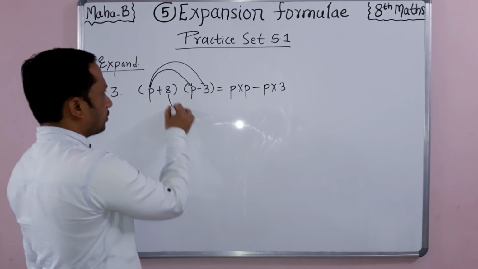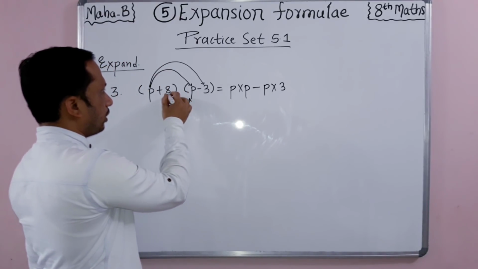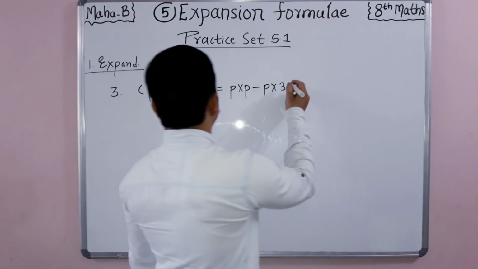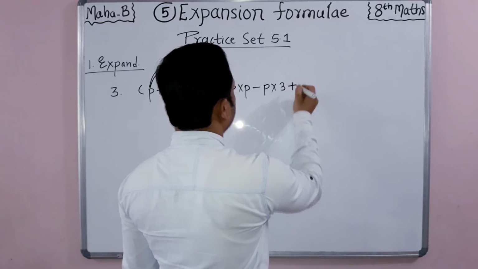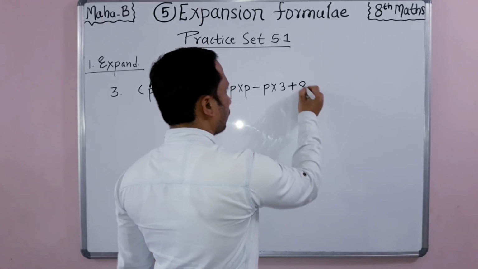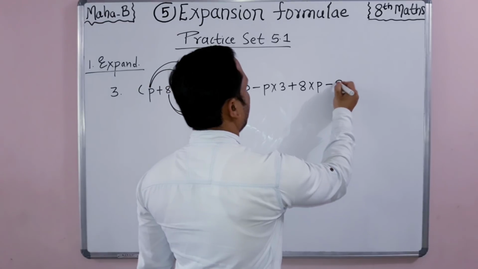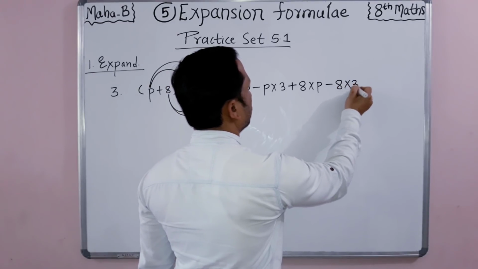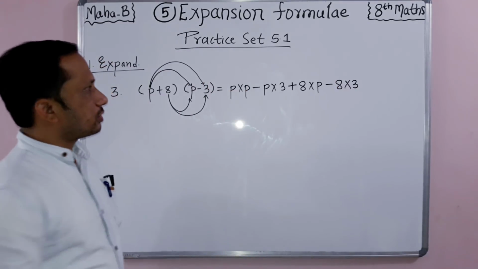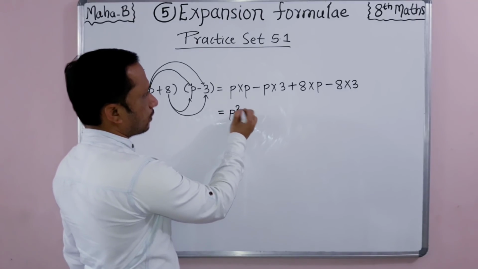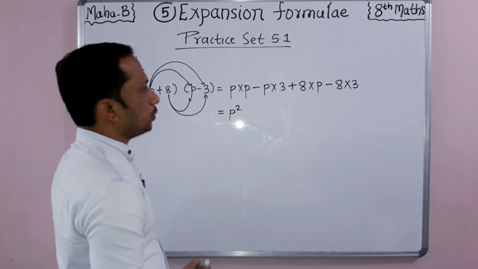In the second case, multiply this 8 into p and then finally 8 into 3. Okay students, so second, what is student? Plus sign is there, so plus 8 into p and then minus 8 into 3. Okay students, so now just say student p into p is what student? P square, minus p into 3 is what student?